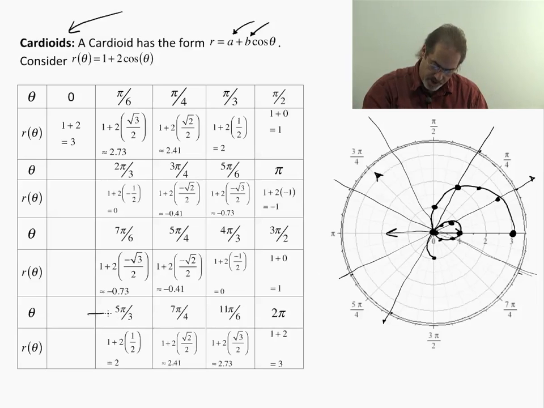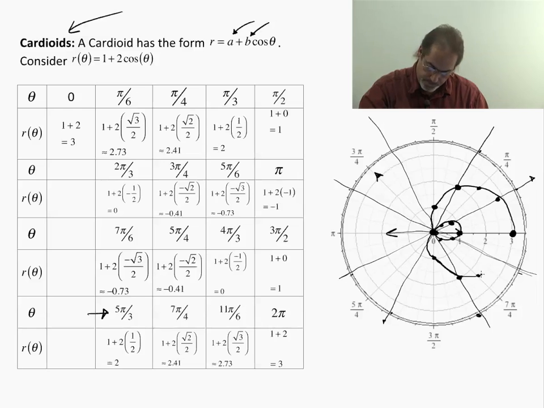And let's see, at 5 pi over 3, I'm at 2. See, 5 pi over 3 is going to give me right about here. And I said I'm at 2, so there's the 2 ring. So it's going to come back around to here. At 7 pi over 4, I'm going to be at 2.41. See, there's 2.5, so it's going to be a little bit shy of that.